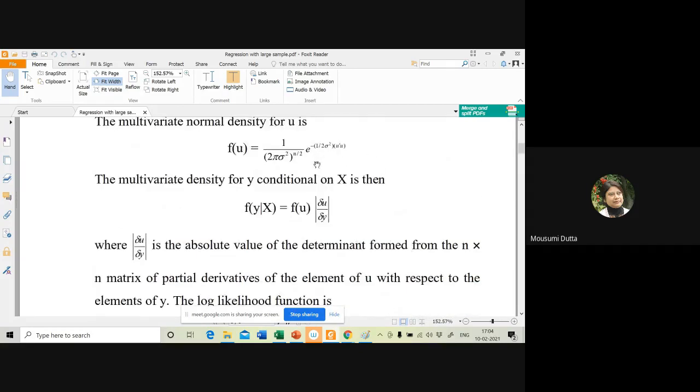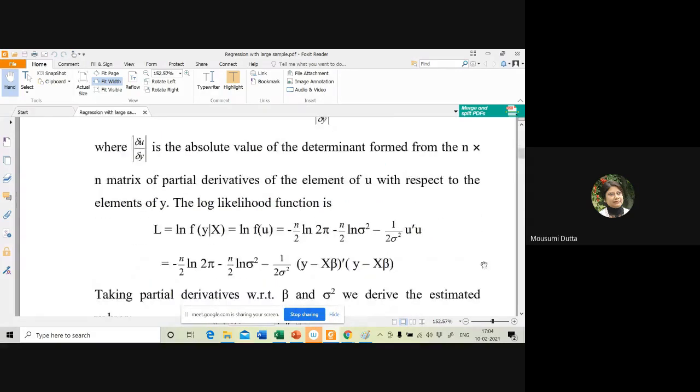In this part, ln e is equal to 1. Actually, there is ln e. Ln e is equal to 1. Therefore, I am not writing it.